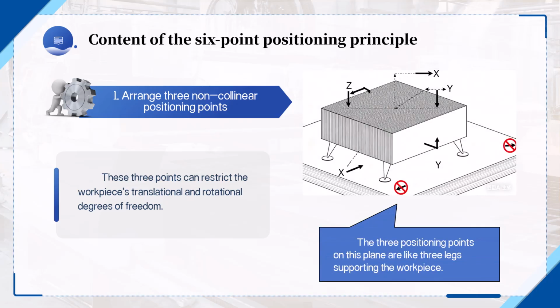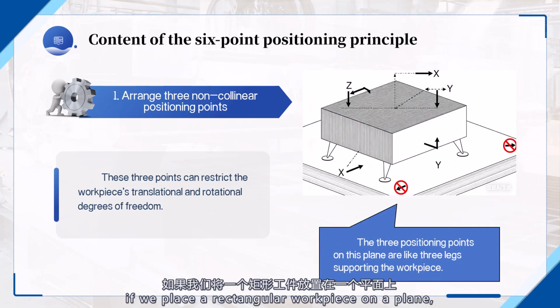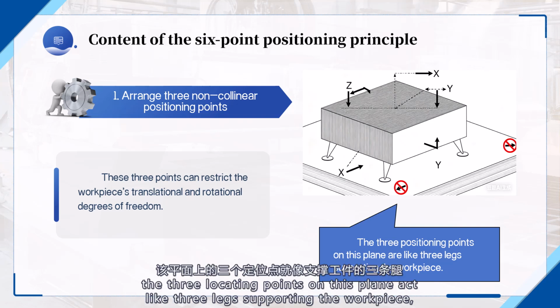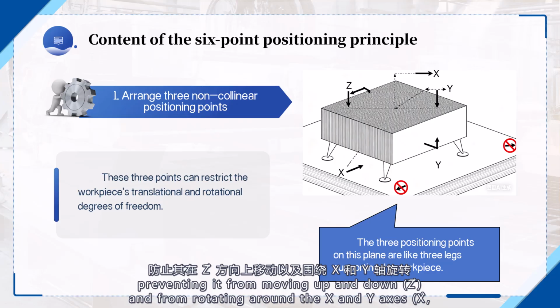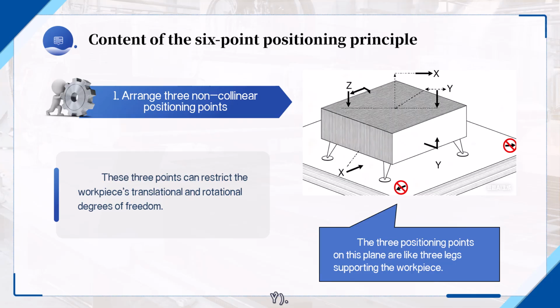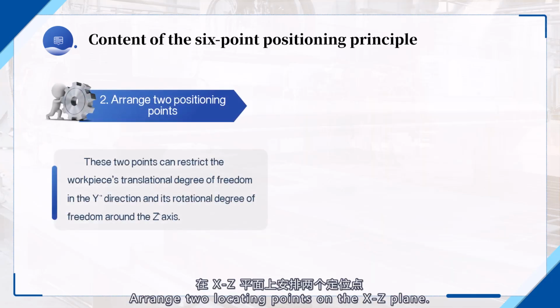For example, if we place a rectangular workpiece on a plane, the 3 locating points on this plane act like 3 legs supporting the workpiece, preventing it from moving up and down, z, and from rotating around the x and y axes.